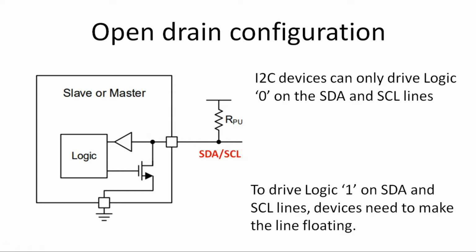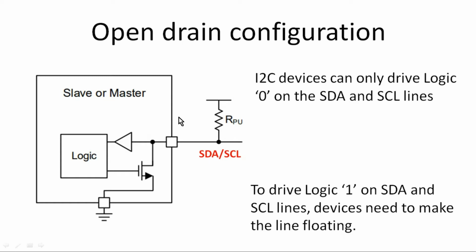Friends, why did I say that it may go high? Because the same lines are connected to other devices. This device has made the line floating, but maybe other devices are driving it. In the same video, I am going to explain that particular case as well, where multiple devices will be driving the same line.